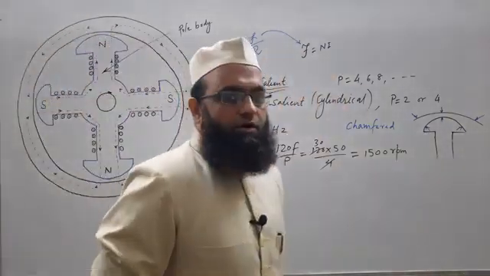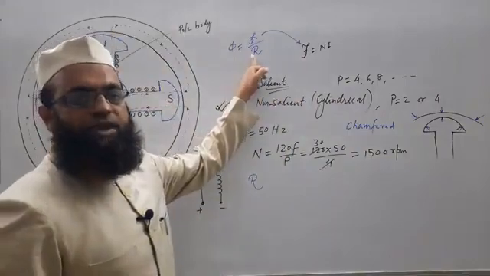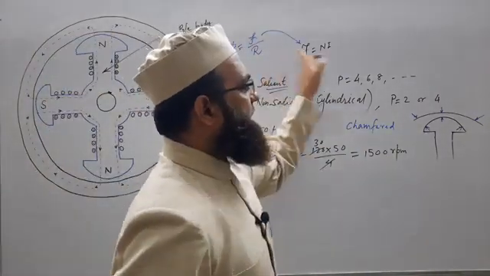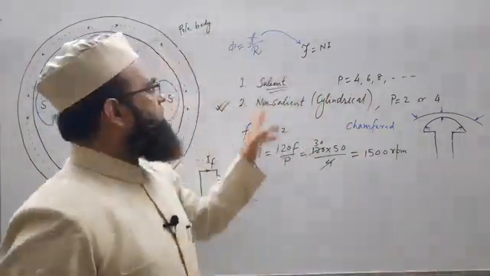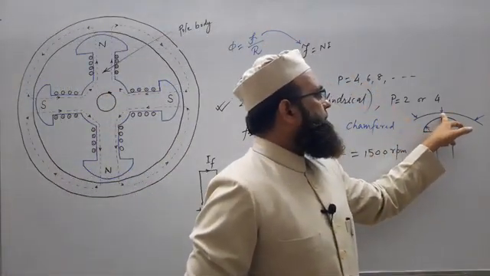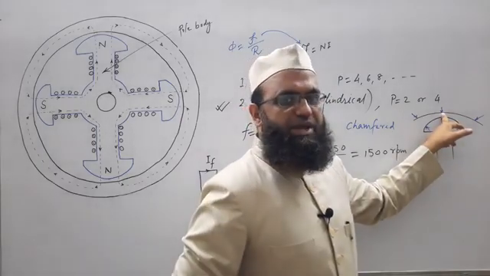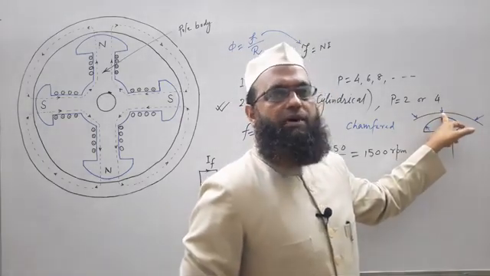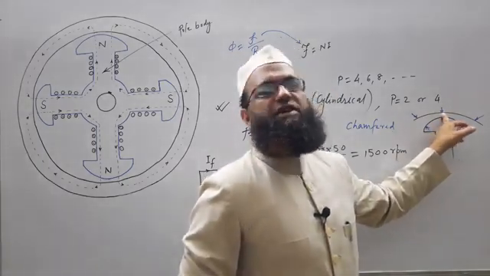So phi will be more where R is less. Reluctance is sometimes denoted by S also. So the central position, where the air gap is minimum, reluctance will be minimum, so flux density will be more.